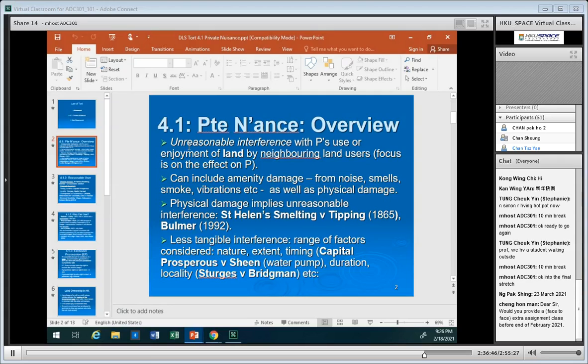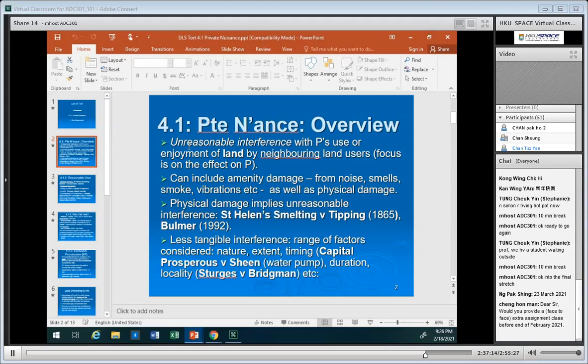Now, of course, we've got some vague wording there. What do you mean by unreasonable? Okay. Well, again, it's going to be up to the court. What is unreasonable does depend on the effect on the land. If it's what we call intangible interference, then there will be a variety of factors the court will look at to decide whether the interference is unreasonable.